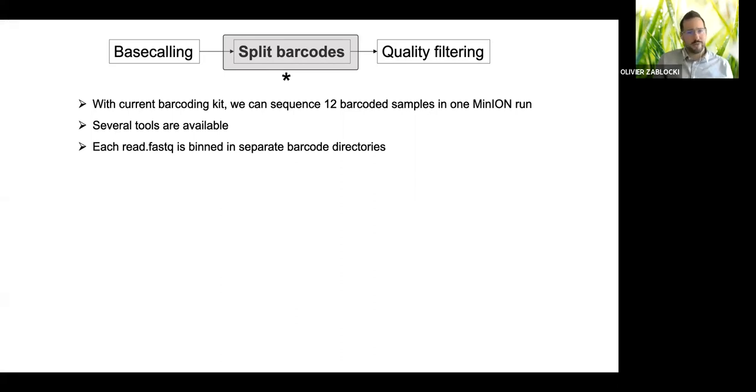One of the challenges to detect barcodes and bin barcoded data is to actually figure out if it's correct when you identify the barcode, because this barcode may have errors. Remember, this data hasn't been corrected yet. And so if you tell the barcoder that it needs to be 100% exactly the same as the theoretical sequence of the barcode, it's not going to work.